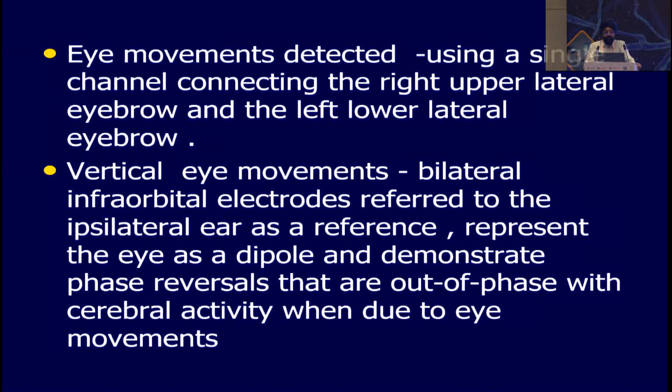So eye movement is detected using a single channel connecting the right lateral upper eyebrow and the left lower lateral eyebrow. For vertical eye movements, you have bilateral infraorbital electrodes referred to the ipsilateral ear as a reference, and they represent the eye as a dipole and demonstrate phase reversal, which is out of phase with cerebral activity when due to eye movements.